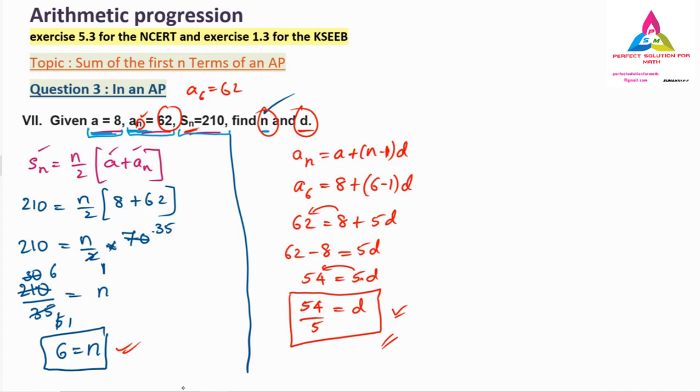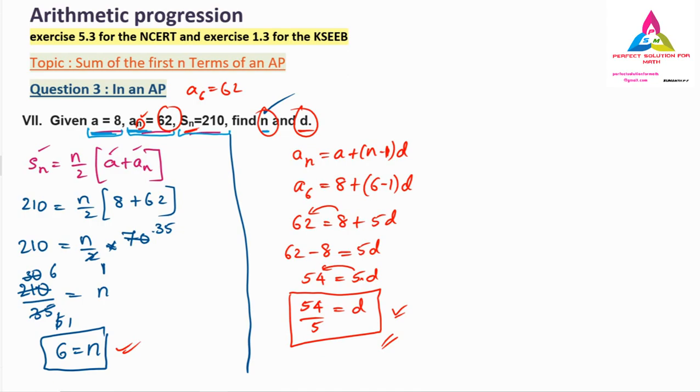This is a simple question. But one thing, whenever a question is given, first you have to check whether they have given A for us, D for us, An or Sn. According to that, we have to apply whichever formula is suitable. If they have given Sn and An and the A value, then Sn is equals to n by 2 into A plus An.